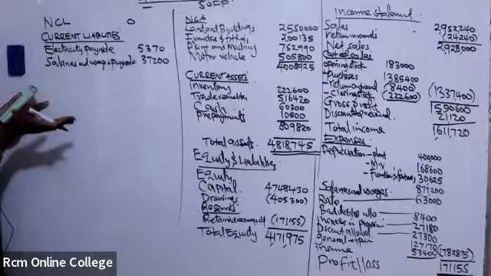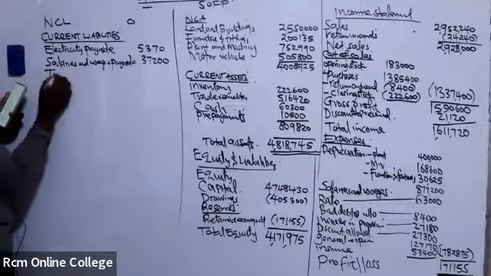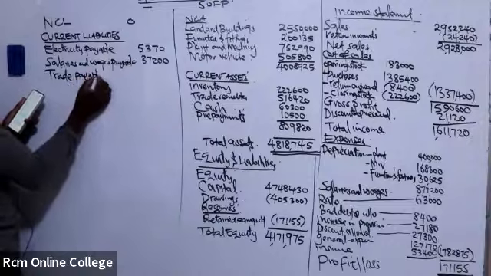Once we are done with the adjustments, we go to the trial balance and check. We must be having trade payables somewhere. So we have trade payables, 483,600.